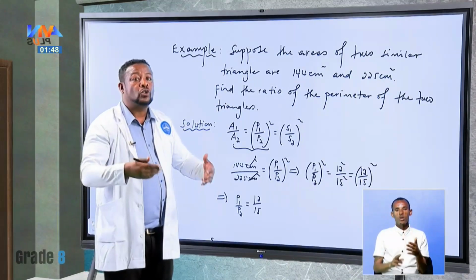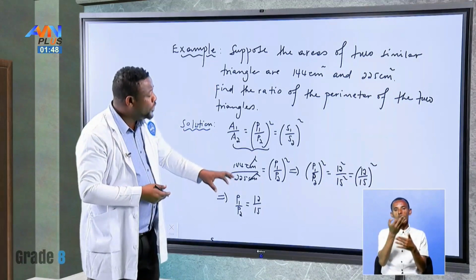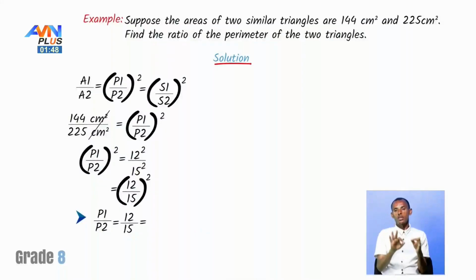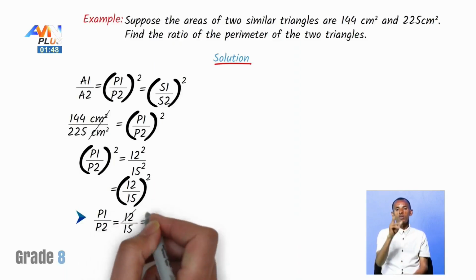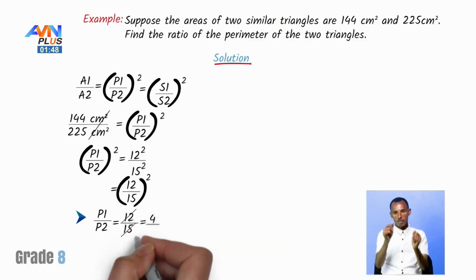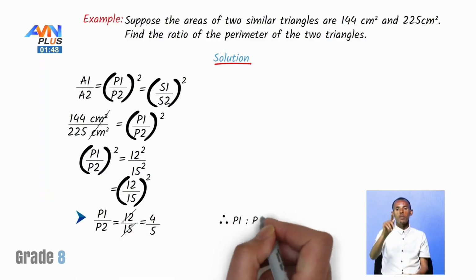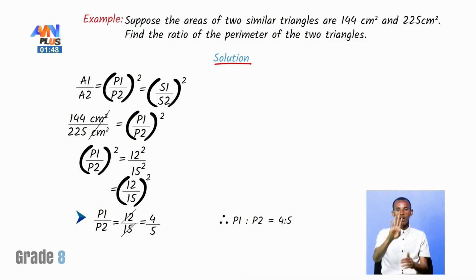Whenever you write something in ratio form, you need to put it in the simplest form. So 12 by 15, dividing by 3, gives 4 by 5. Therefore, the ratio of P1 to P2 is 4 by 5.